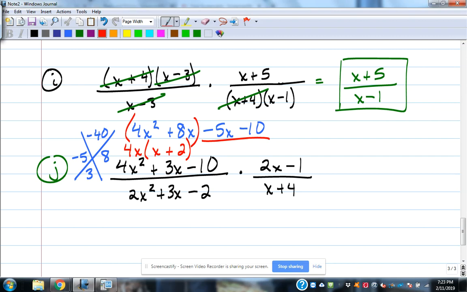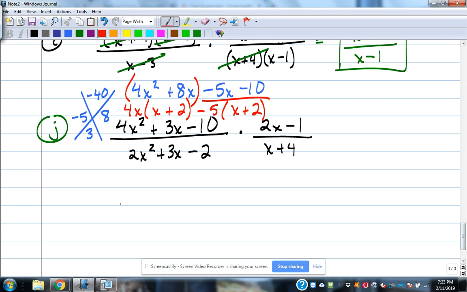Negative 5. Leaves us an x plus 2. So the factoring of that numerator, I'm going to rewrite the problem underneath here: x plus 2 and 4x minus 5. That's the factoring of the top part.